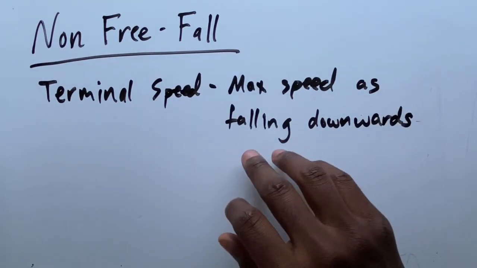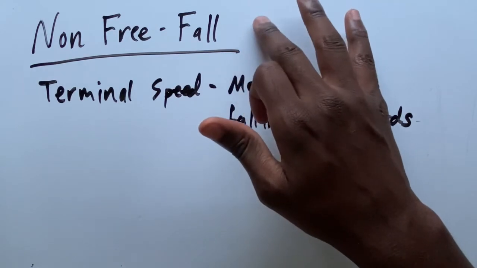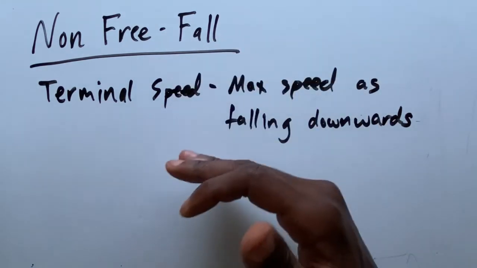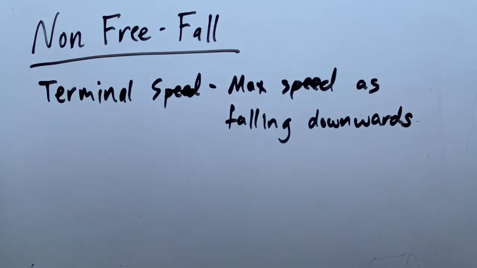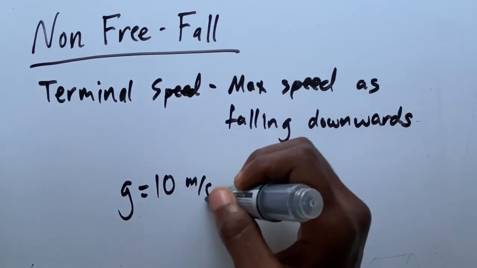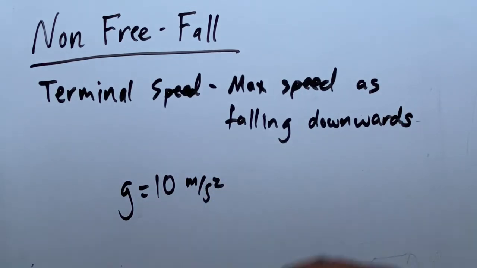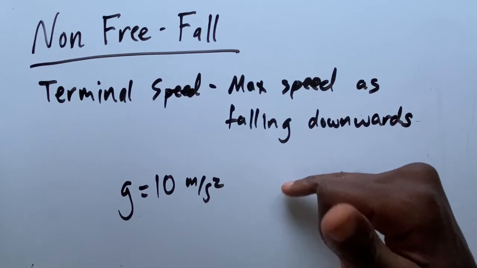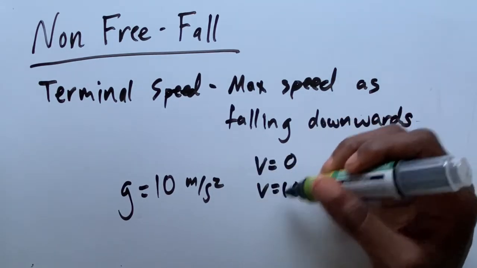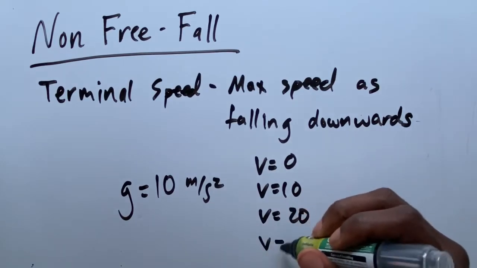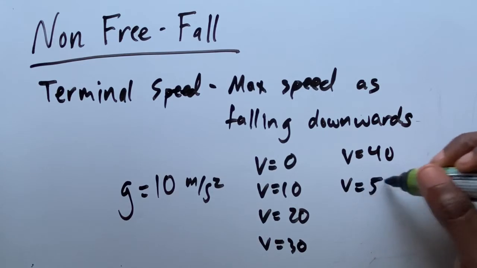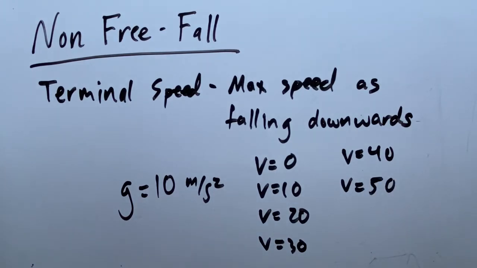Well, in a regular free fall scenario, we said that the acceleration was equal to 10 meters per second squared, right? And as each second passed along, basically the velocity went from 0 to 10 to 20 to 30 to 40 to 50, so on and so on.